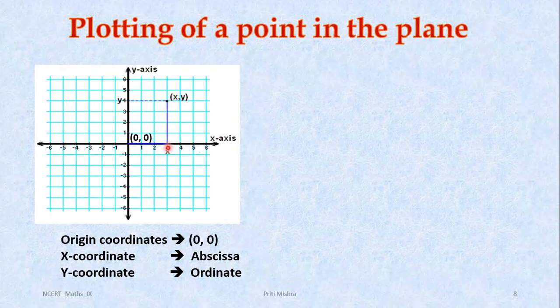Then we drop a perpendicular from this point, and we find the point at which we have y units. From that point we drop a perpendicular, and the point at which these two perpendiculars intersect each other gives us the location of point x, y. So in this way we plotted the point x, y on the paper.